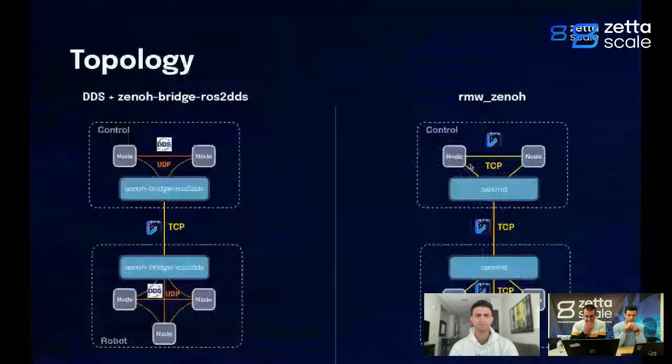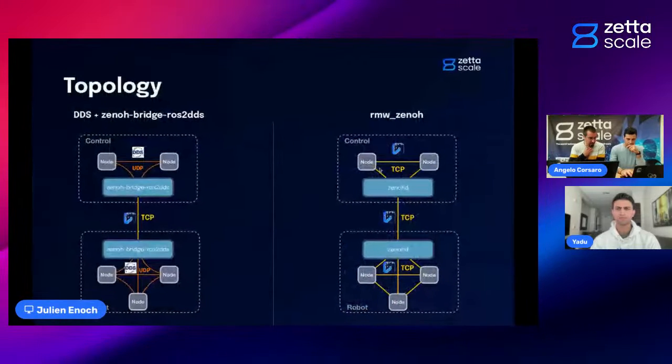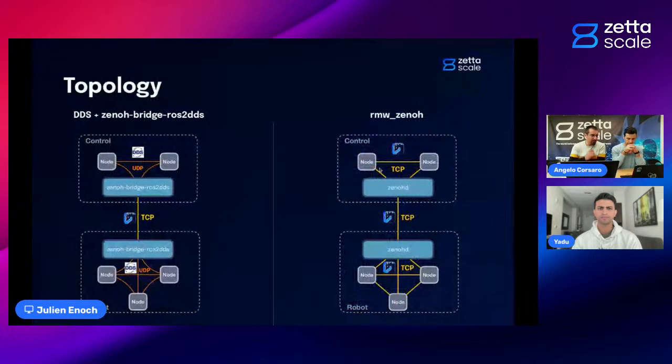So first, just a comparison between topologies, right? On the left, you have the topology of a simple system with two distinct ROS2 systems using DDS and interconnected by Zeno bridges. So in each system, you have DDS running over UDP, over both UDP multicast and unicast.